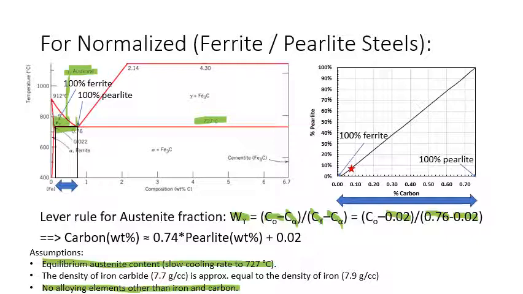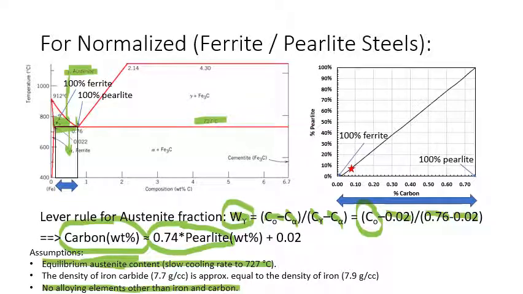Now, again, coming back to this assumption of slow enough cooling, which is a safe assumption for our normalized steels, especially vintage steels, that austenite will transform to pearlite and then cool down to the product that we're going to use. Now, if we solve the lever rule with these two unknowns for carbon content, so here's the C naught, then we essentially have the reverse equation.